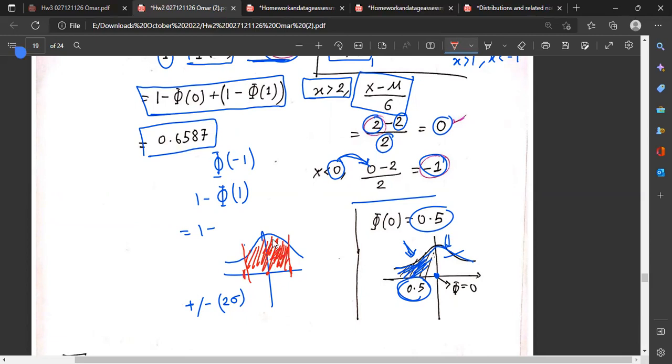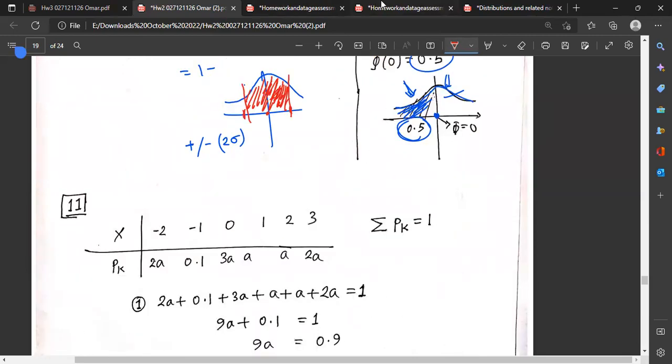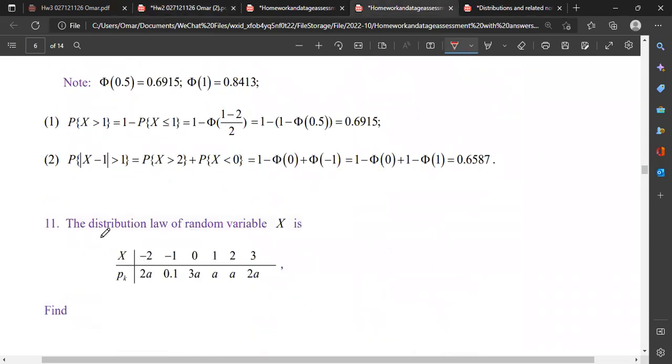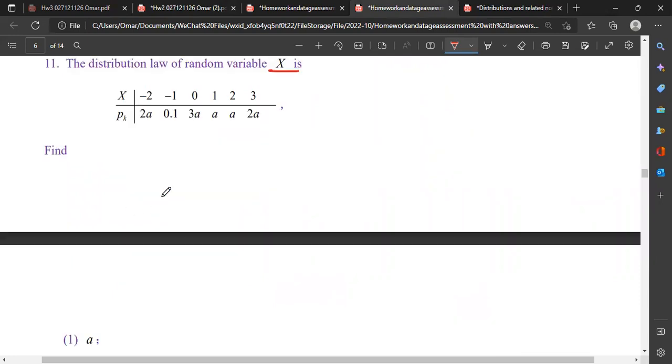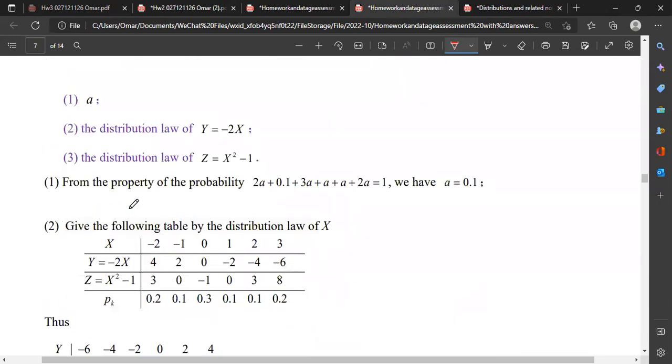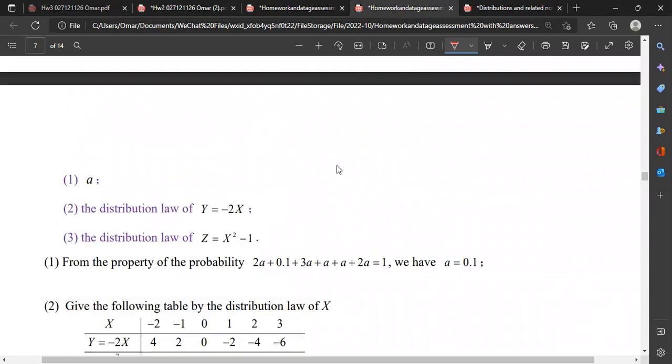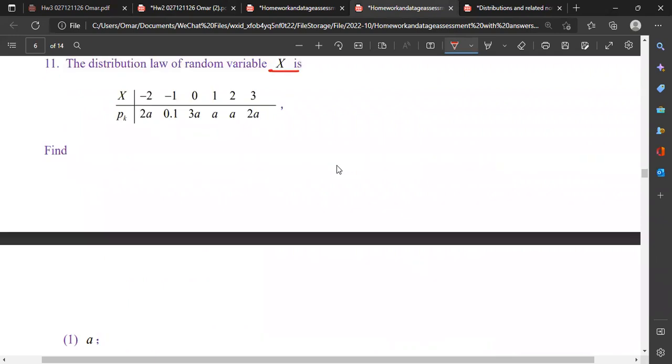Okay, so now let's see number 11. The distribution law of random variable x is here, with values -2 and so on, and 2a. So we have to find a, right? Number 1.